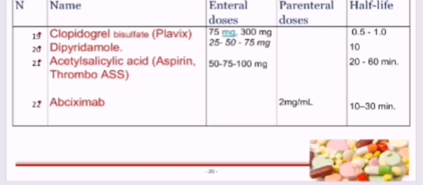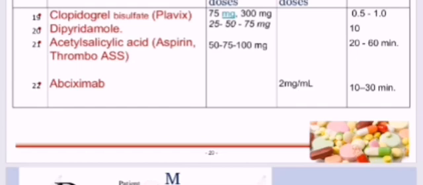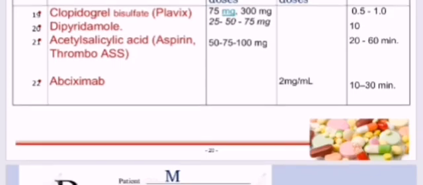Clopidogrel bisulfate, Plavix. Internal dose is 75 milligram, 300 milligram. Half-life 0.5 to 1. Dipyridamole 25, 50, 75 milligram. Half-life 10.